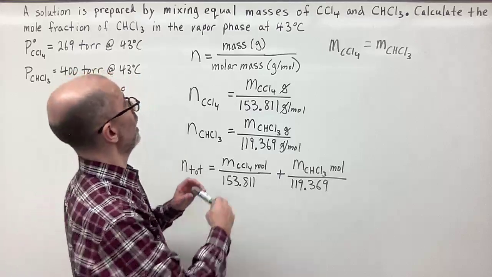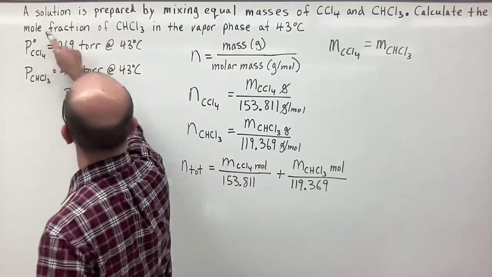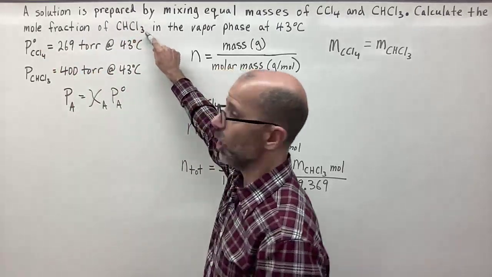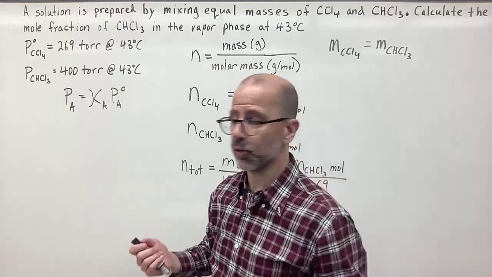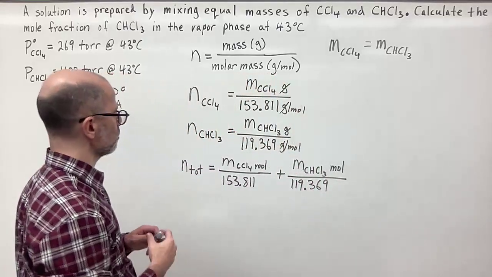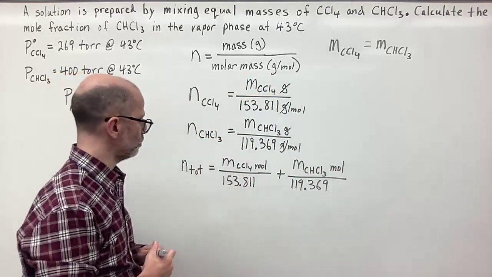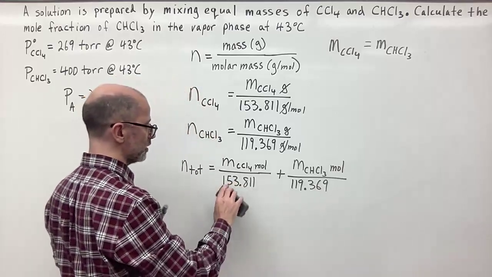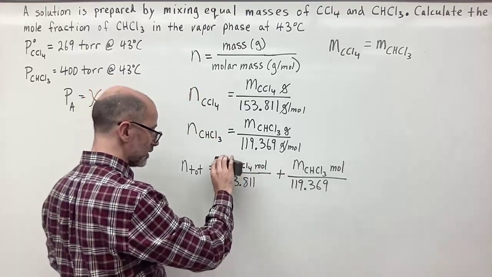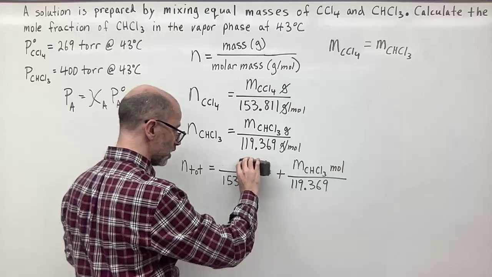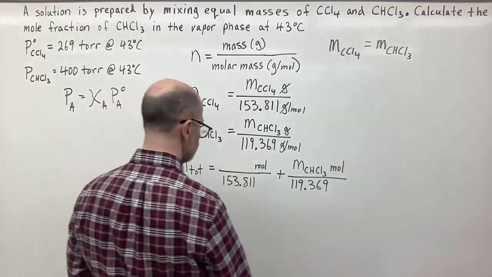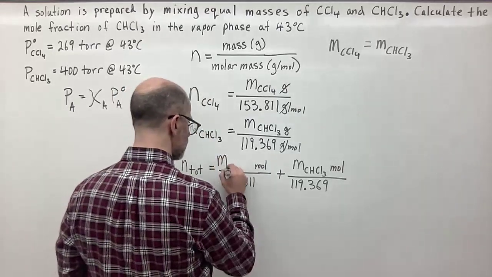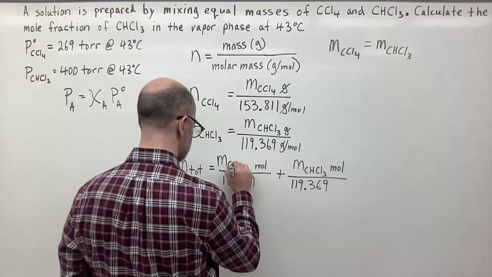Since the question is asking us for the mole fraction of CHCl3, we can focus on that one to calculate the total. So we can just replace one of these. We'll replace this with the mass of CHCl3.